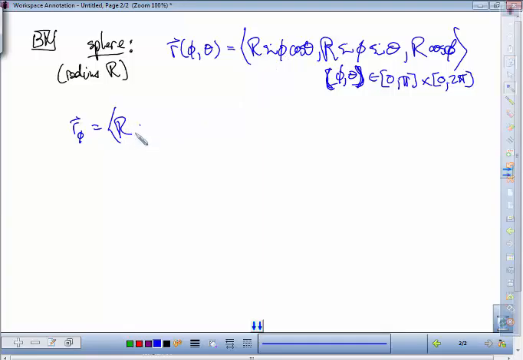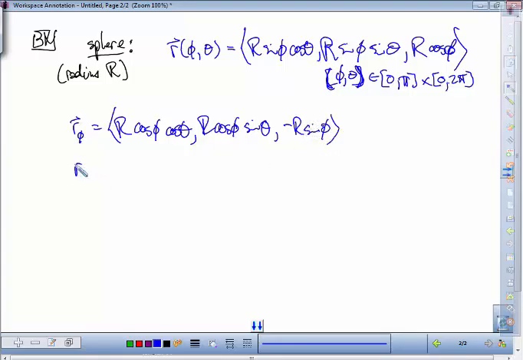Derivative of sine phi is cosine phi, and theta is a constant. Derivative of sine phi again is cosine phi. And then the derivative of cosine phi with respect to phi is negative sine phi.